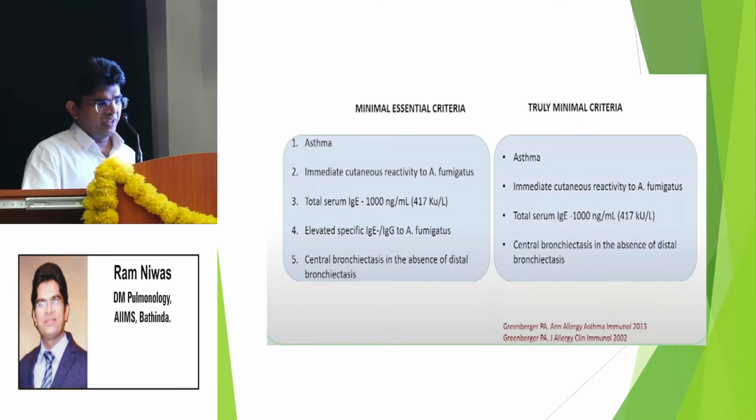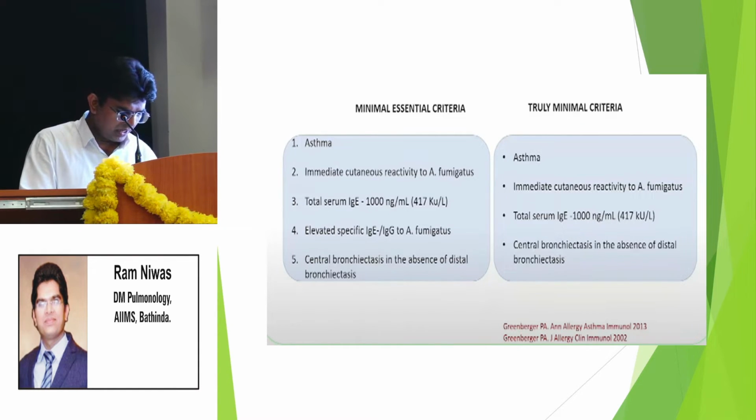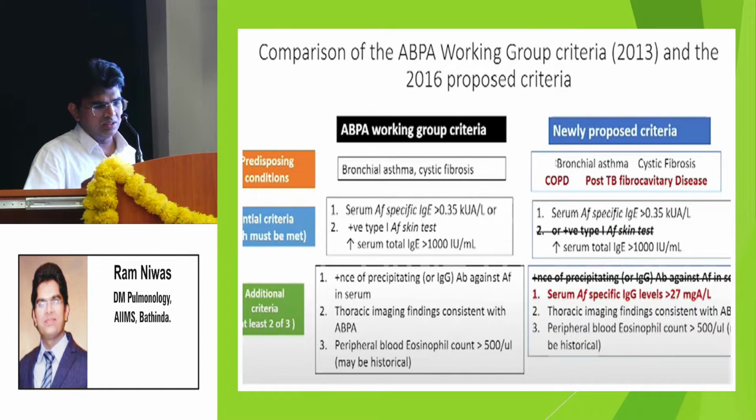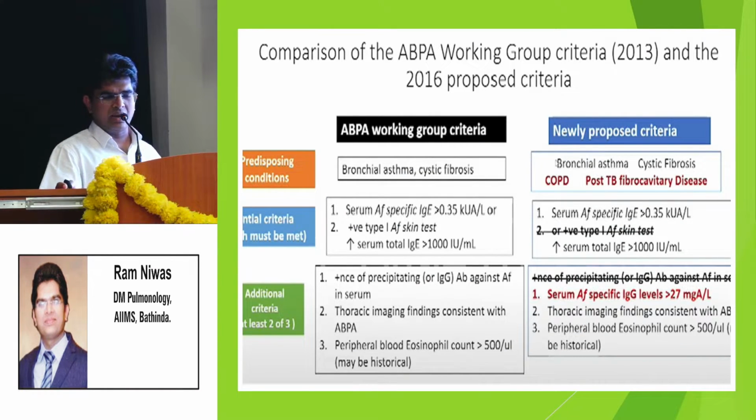These are the minimal essential criteria given by Greenberger, and these are the latest criteria. On the right side you can see the updated 2016 latest criteria given by the AIIMS group, and it has 3 domains. One is predisposing condition, another is essential criteria, and last is additional criteria.